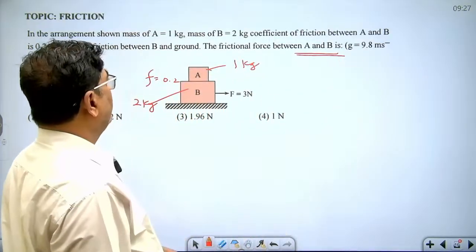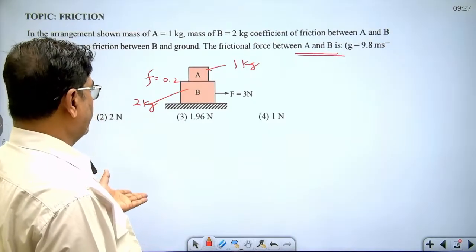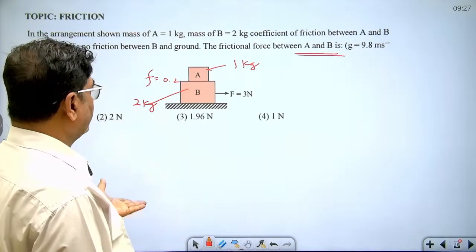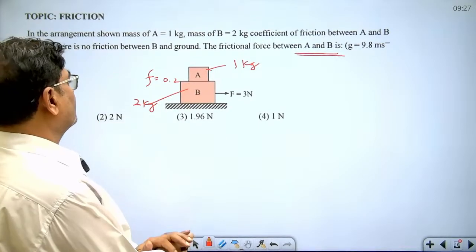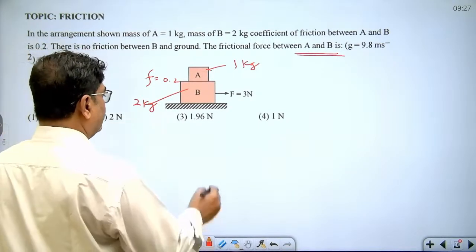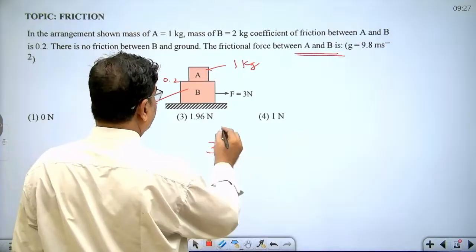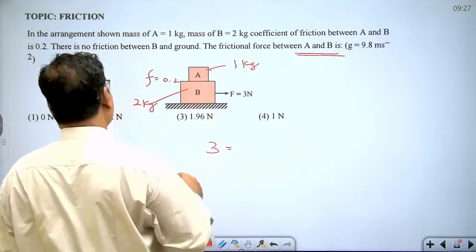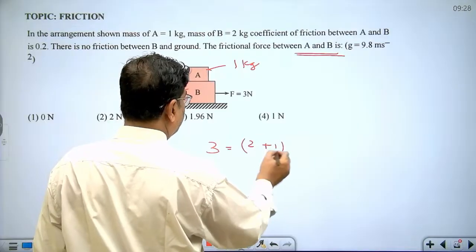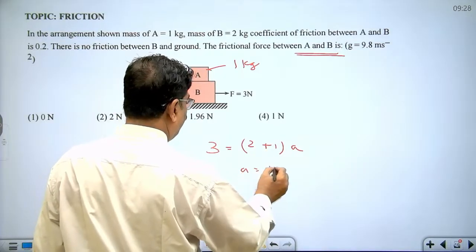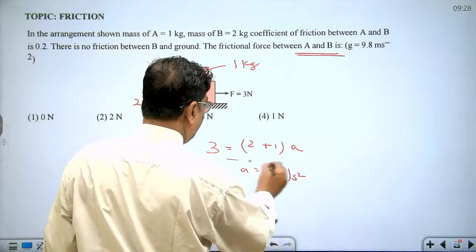Dear students, if A and B are moving together, frictional force between A and B will be equal to applied force transferred to block A. Now let's see. This is a 3 Newton force. Keep taking friction to be internal force. MB equal to 2, MA equal to 1. So acceleration equal to 1 meter per second square.